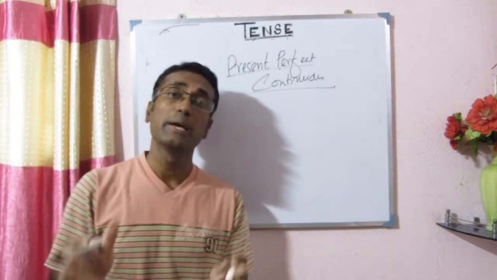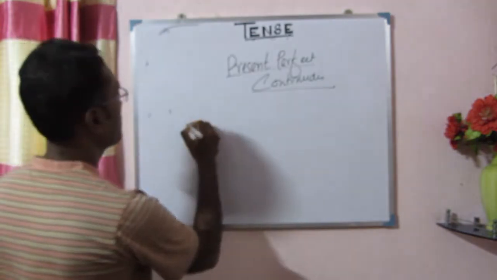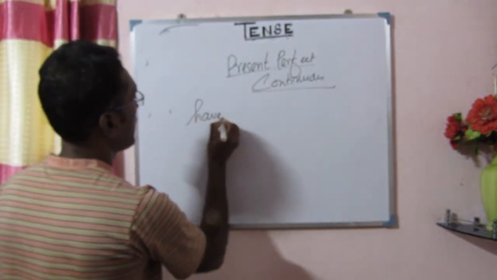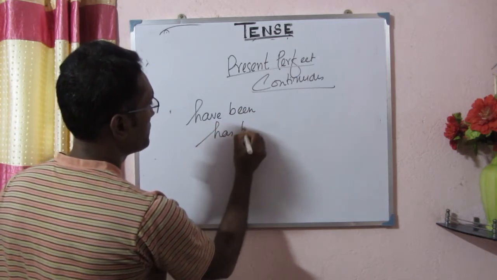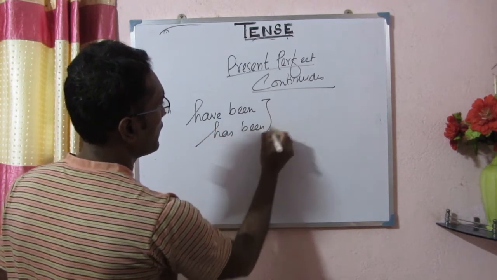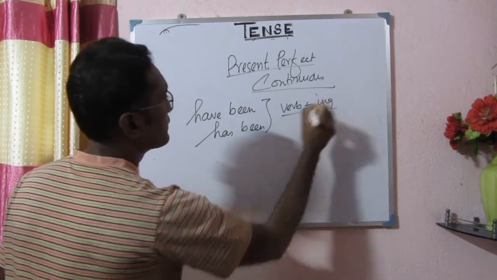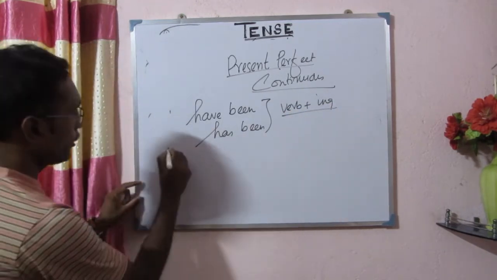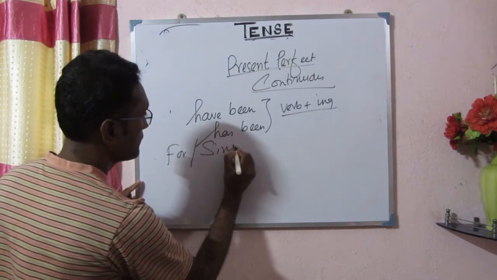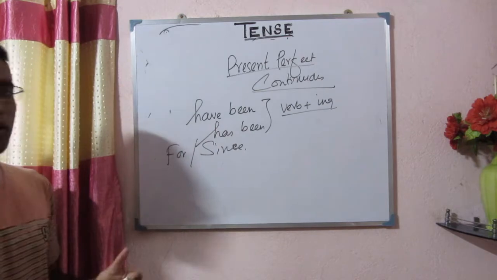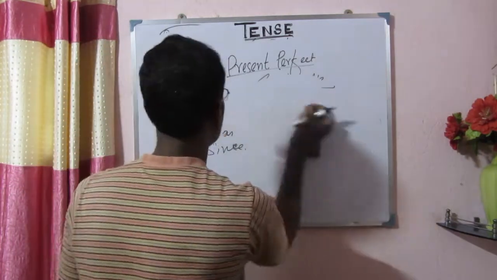Then you have to use present perfect continuous tense. What's the rule? The rule is that have been or has been and verb plus ing. There are two points here, for and since. I will give an example, then I will discuss these things.